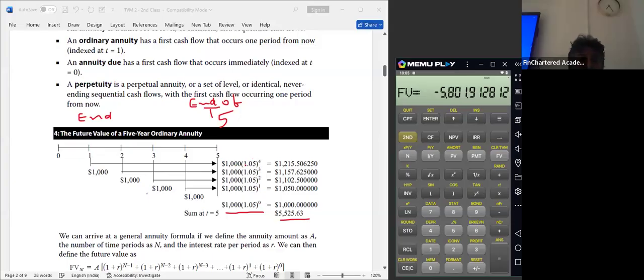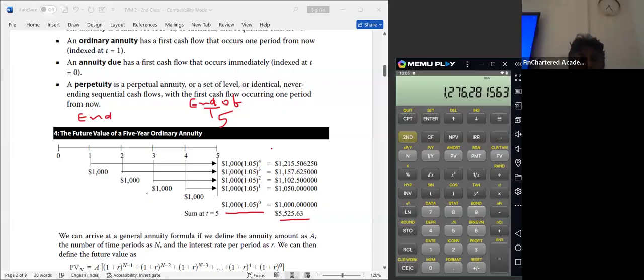So you will get 1,215, and more than that. For example, you will get 1.05 to the power 5, multiplied by 1000. So you actually end up getting 1276, 1215, 1157, 1102, and 1050.